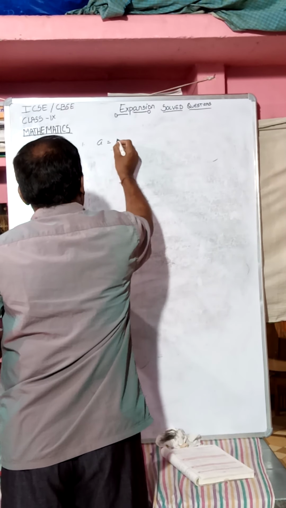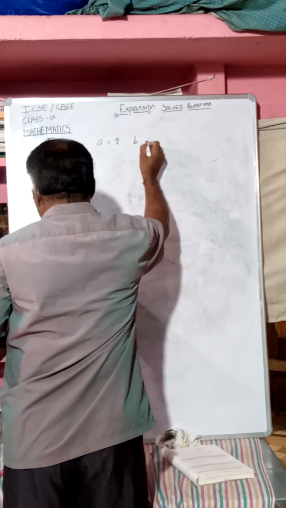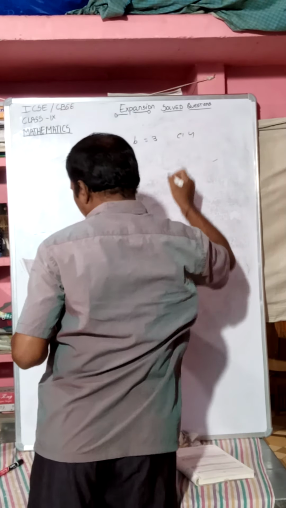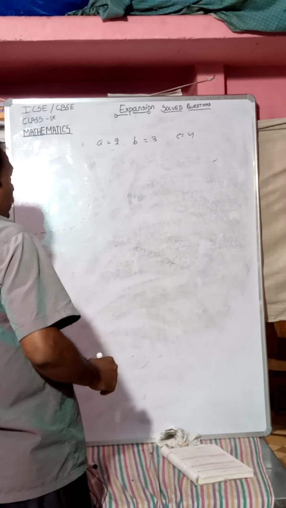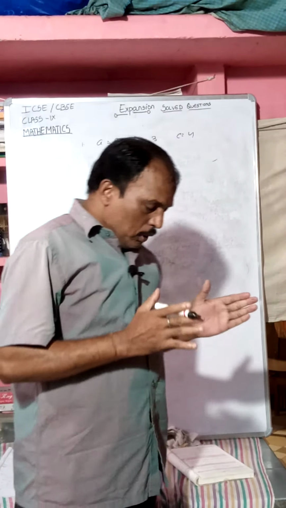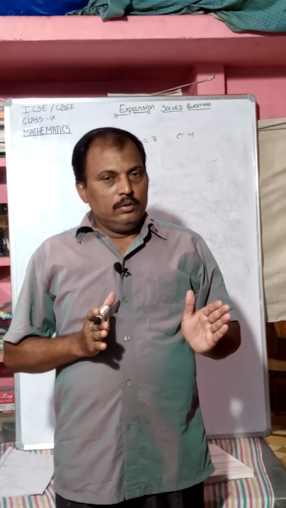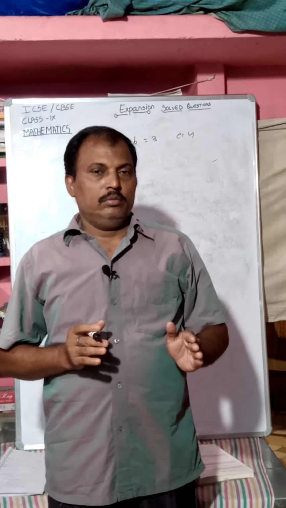A, the value of a is 2, b is equal to 3 and c is equal to 4. Which formulas did we discuss in the last 4 or 5 classes?